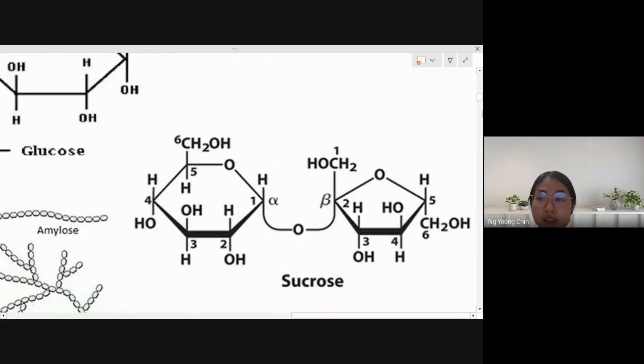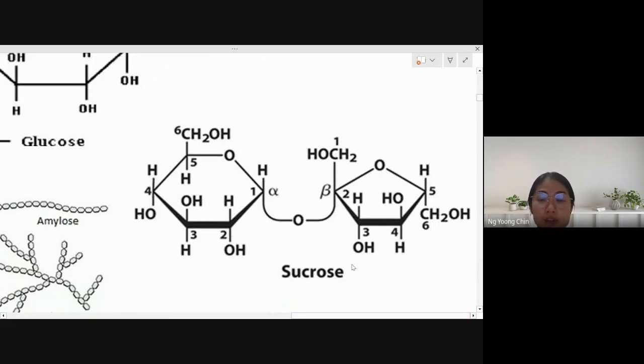So this is sucrose, the product of condensation from one glucose molecule and one fructose molecule. Glucose plus fructose forms one sucrose.